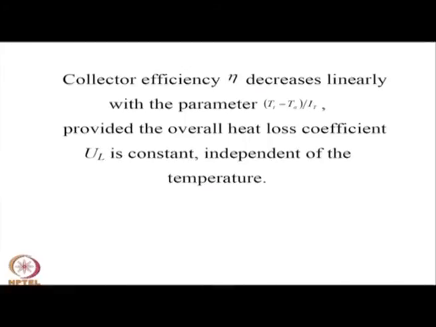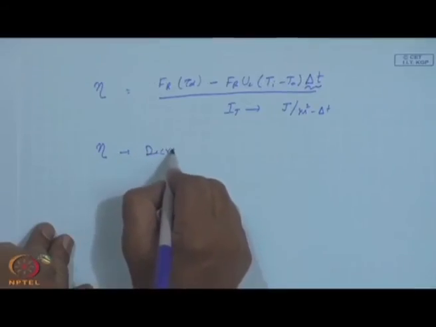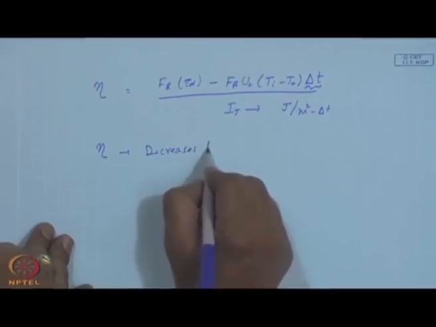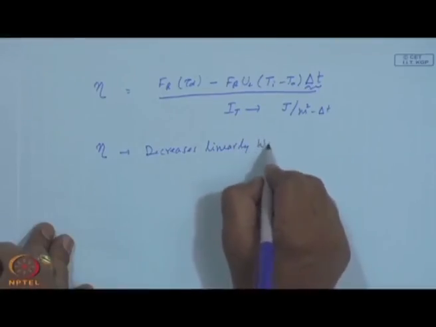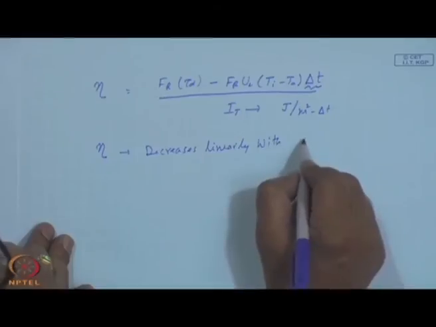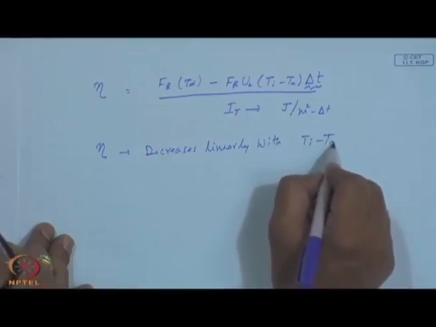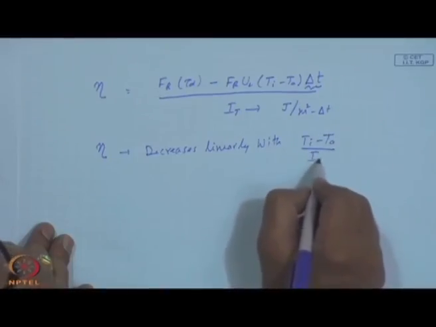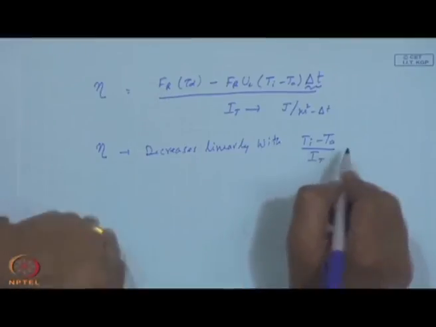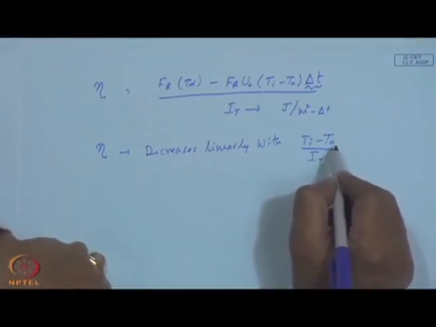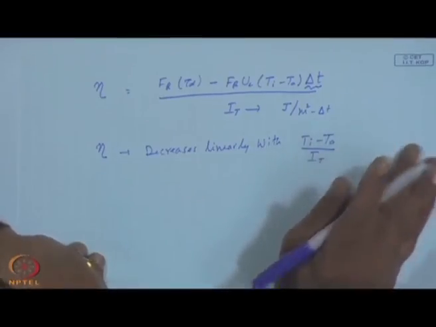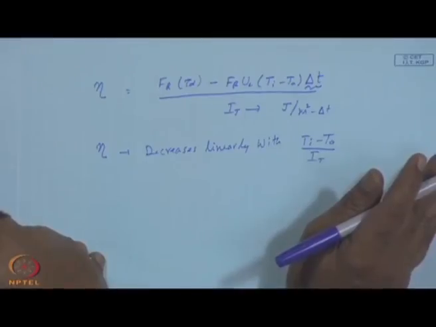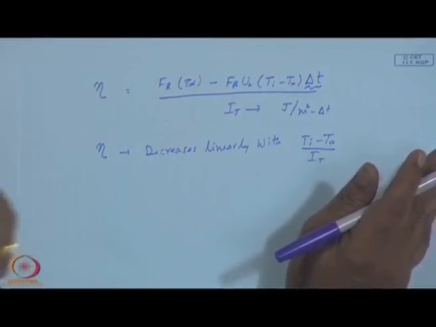Now, if you look at it, eta decreases linearly with (T_I minus T_A) upon I_T. If you look at this parameter, if the temperature difference is large, my efficiency will be lower, which means the operating temperature is higher.